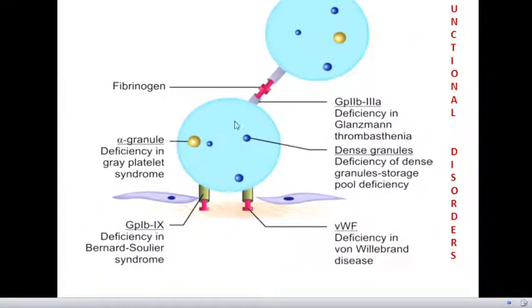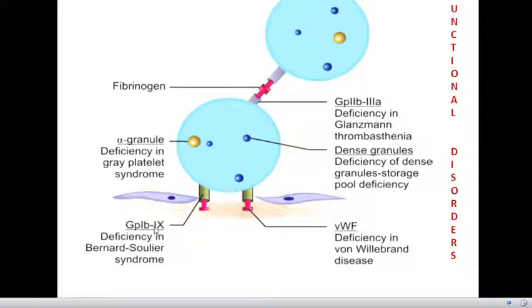So this is the diagrammatic representation of the functional disorder of a platelet. We have two platelets here, and fibrinogen gets attached to the receptor, that is GP2B3A, and deficiency of this is found in Glanzmann's thrombasthenia.